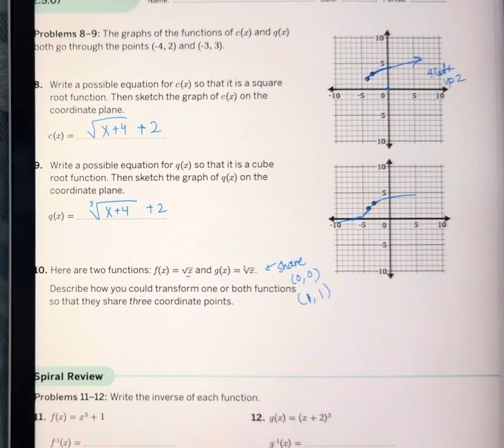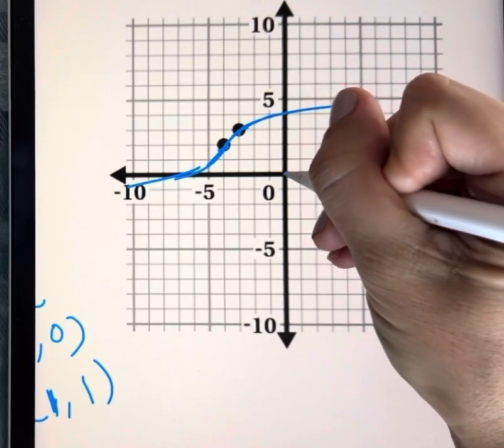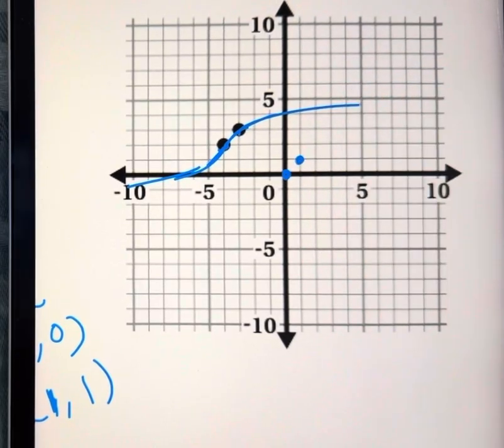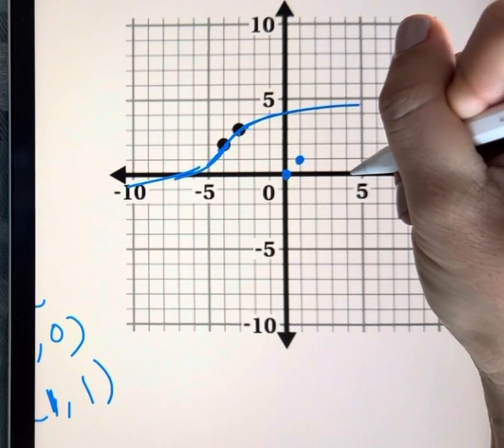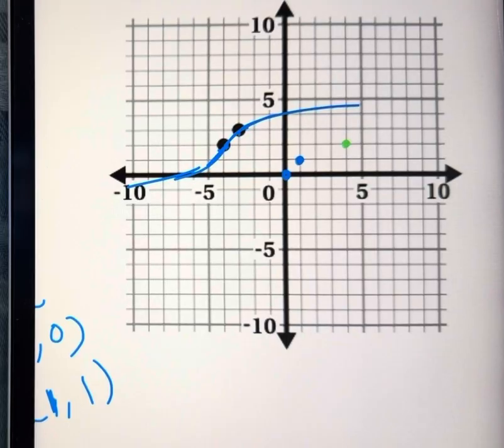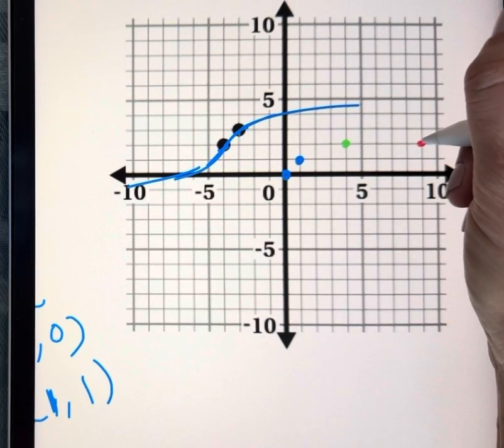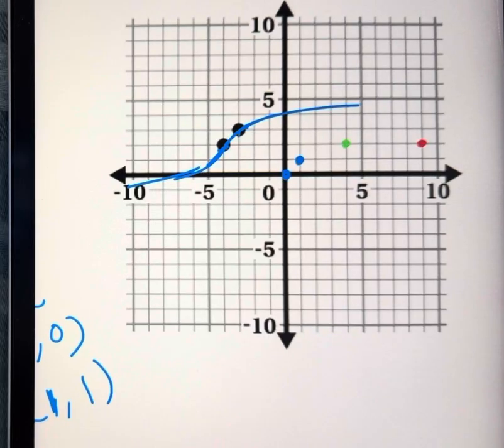So the square root function, let's see what they do from there. 0, 0, and 1, 1 they both have. And then from there, the square root function goes 4, 2, whereas the cube root function goes 8, 2.